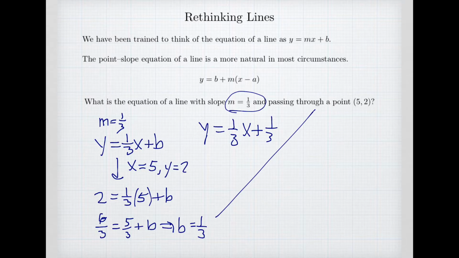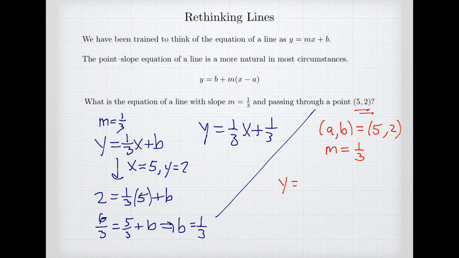The point slope equation, I just write it down. So let's clean this up a little bit here. When I have a point, those are the coordinates of a and b. So I now know that a is 5 and b is 2. I know that my slope is a third, and in the point slope equation, I would say y equals my y value.